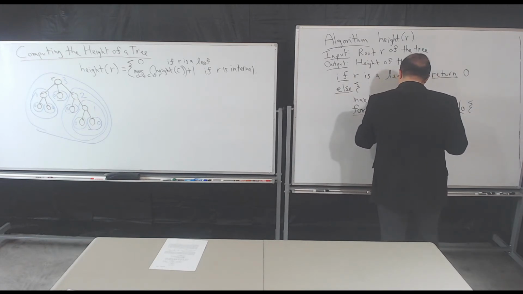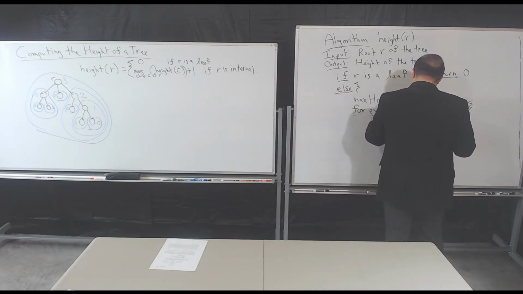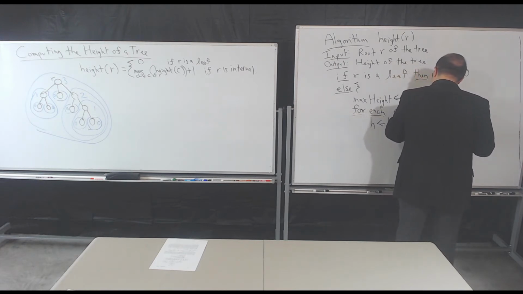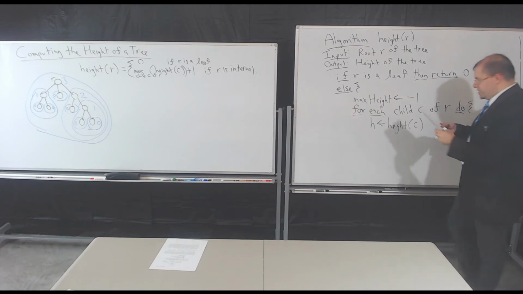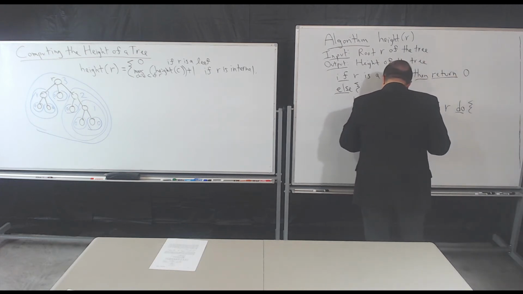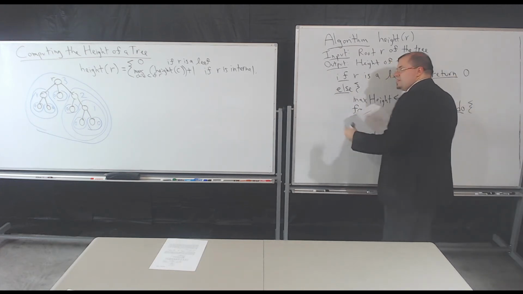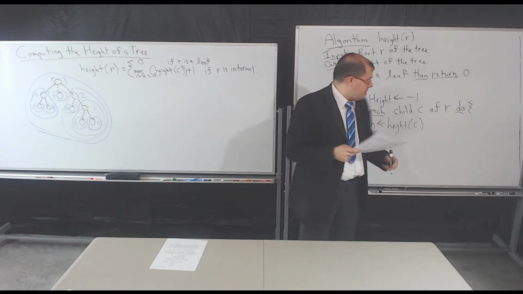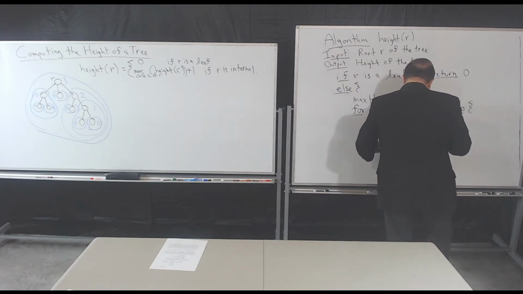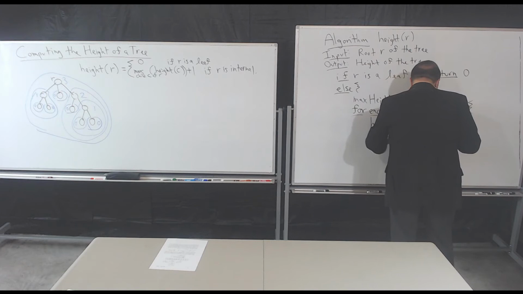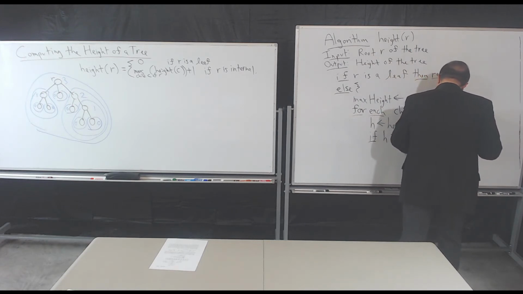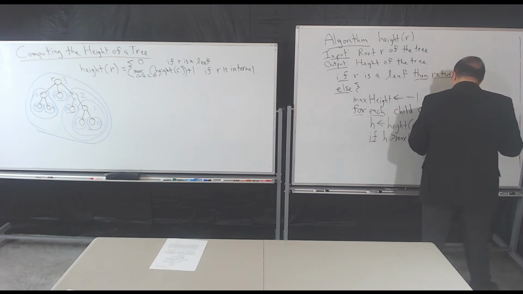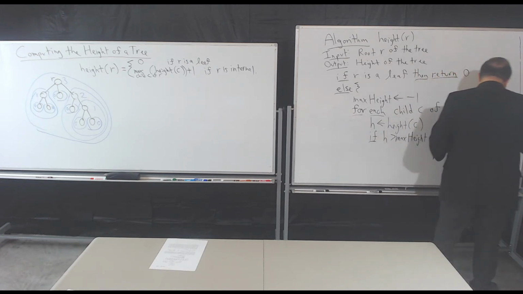So I compute the height of the child. I'll call it H. So H is going to store the height of the child. And so remember, all I'm going to do is keep track of the maximum height I encounter. So if H is greater than max height, then I'm just going to update max height.